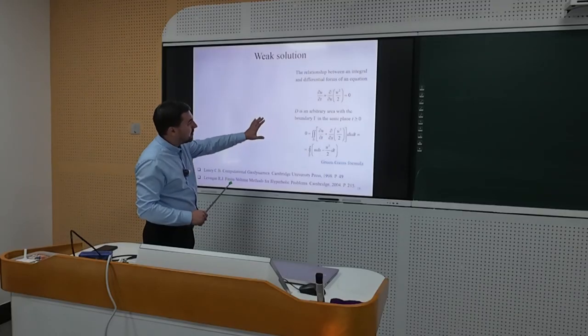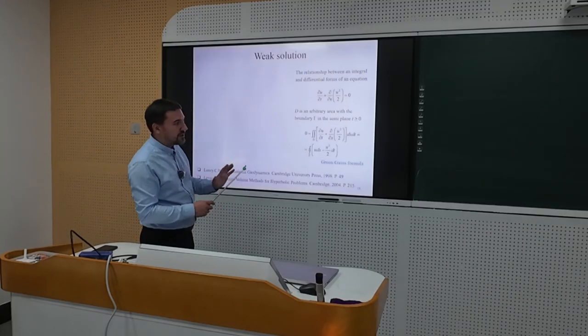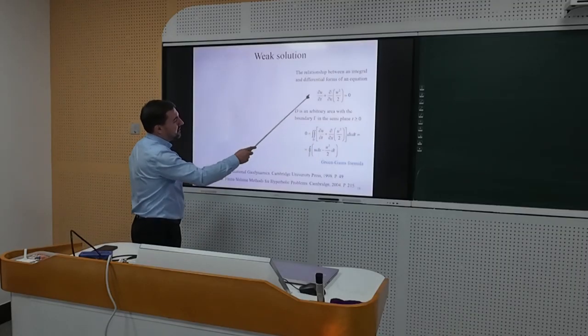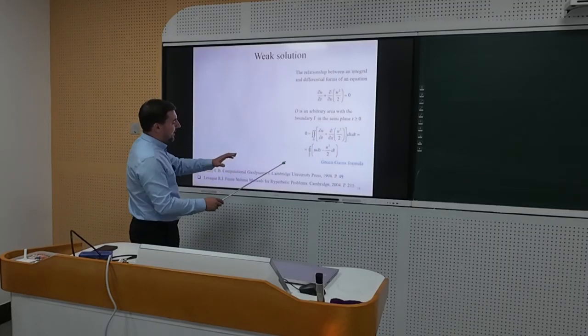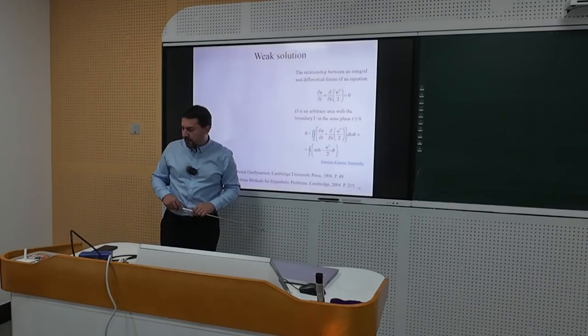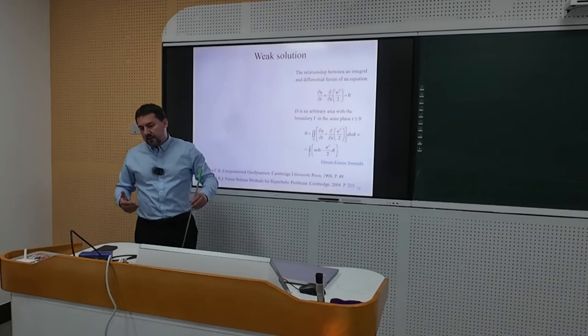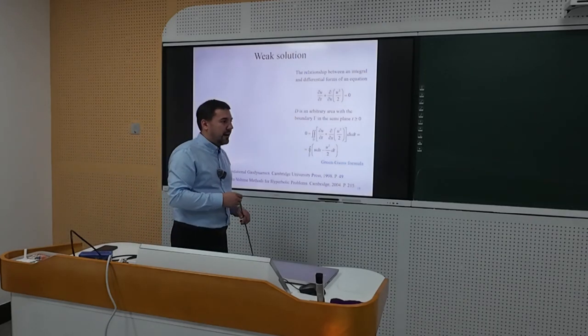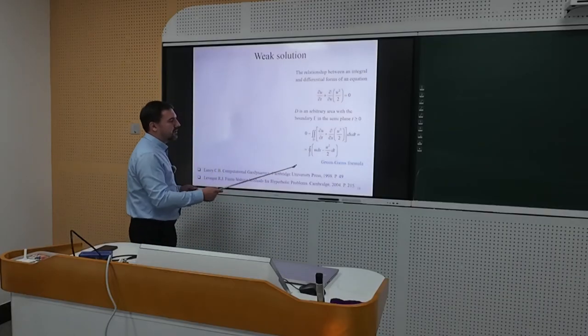Anyway, from a theoretical point of view, we should introduce the concept of weak solutions. So again, consider the Hopf equation, and here, the Green-Gauss formula. At the previous lecture, we established the relationship between the integral form of notation for the Euler equation and the differential form. Actually, I did not say that, but we used the Green-Gauss formula.